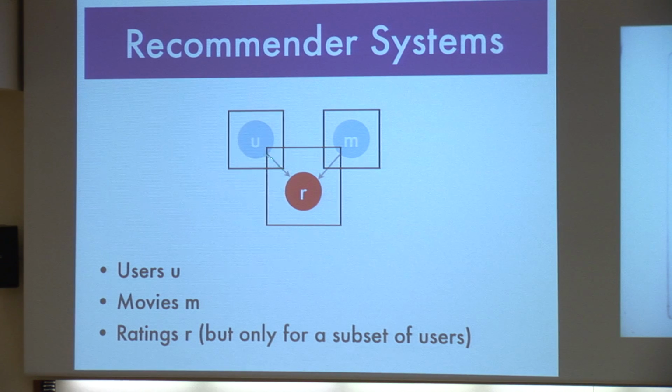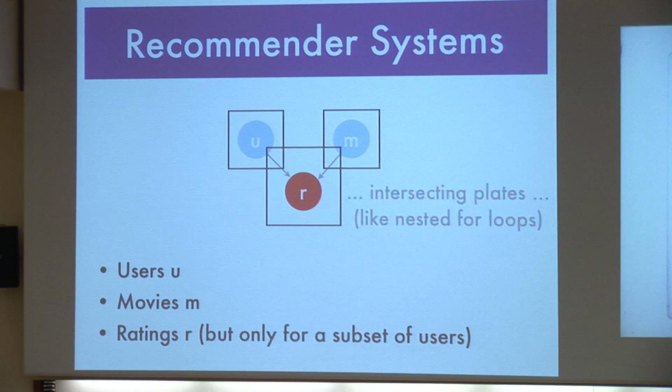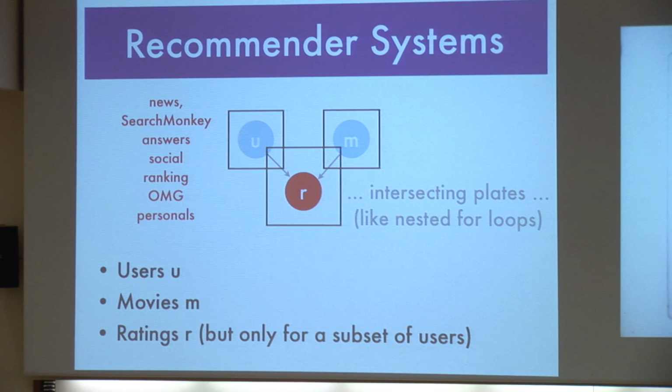And then what I have is that not for all user-movie combinations do I actually observe the ratings. And yeah. Now where does this occur? It occurs in news, Search Monkey, Answers, social, any ranking, personals, and so on. Or for instance, some what's new and hot systems.